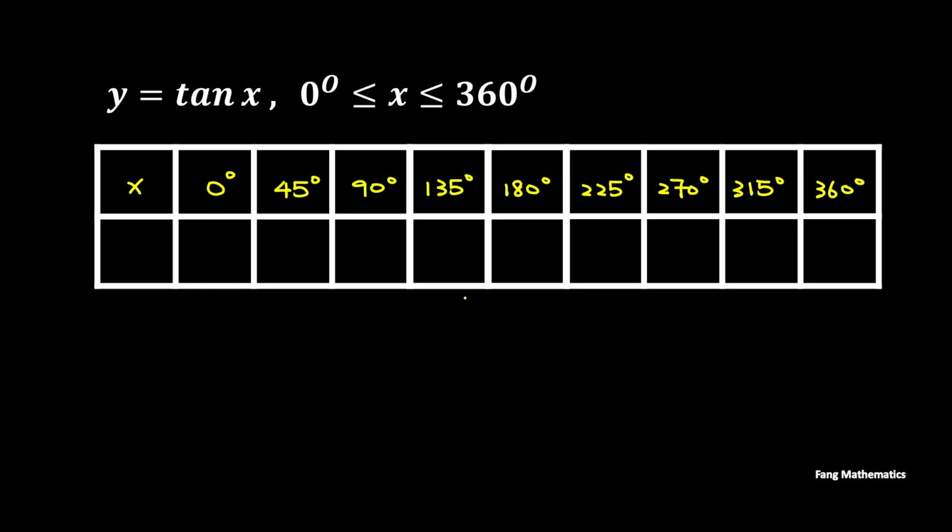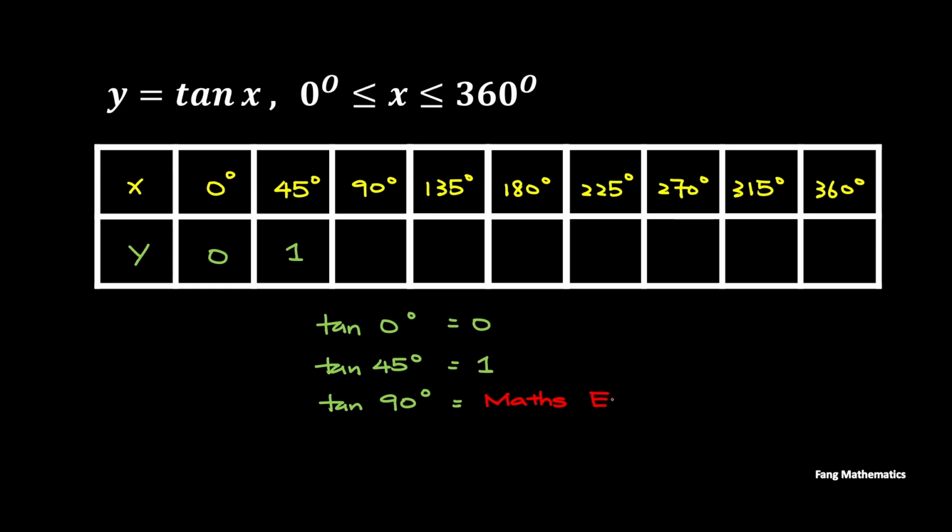And now we are to use the calculator and get the corresponding y's. So tan 0 degrees gives you 0. Tan 45 degrees should give you 1. Tan 90 degrees should give you math error. So that tells us that tan 90 degrees is undefined.